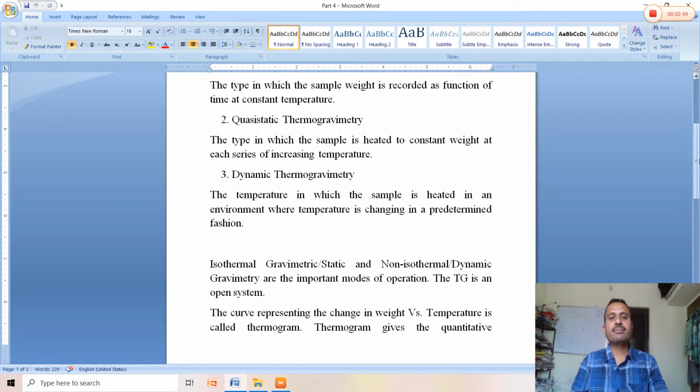No doubt the sample is heated, and the temperature is changing in a predetermined fashion, but here monitoring of the temperature is possible. The sample is heated in an environment where the temperature changes in a predetermined fashion. We have the authority, we have the guidelines about how the temperature is controlled.